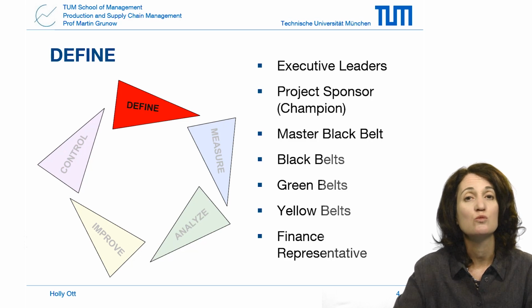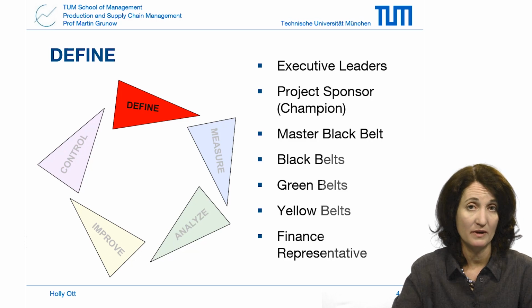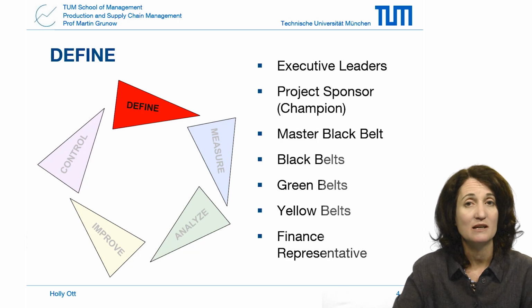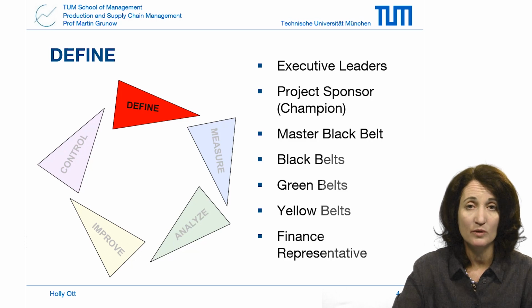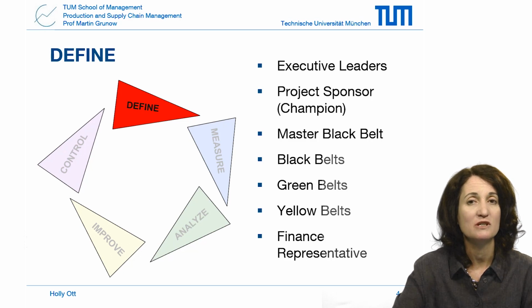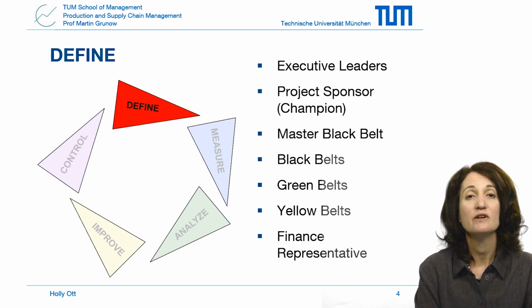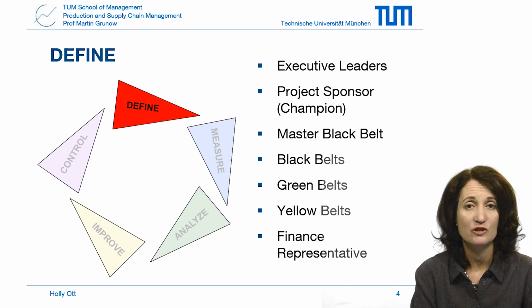Green belts tend to work part-time on projects with the black belts, and they integrate the Six Sigma methodology in their daily work and lead smaller projects. Yellow belts are employees who are trained in quality awareness and in Six Sigma basics and are part-time participants in a team. They contribute with process expertise, and finally, what's very important are financial representatives.